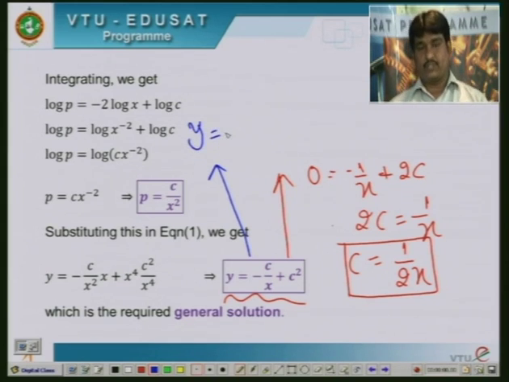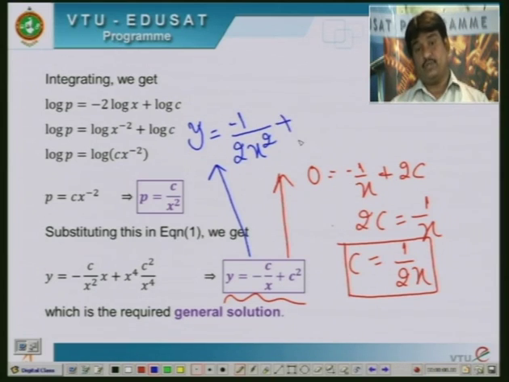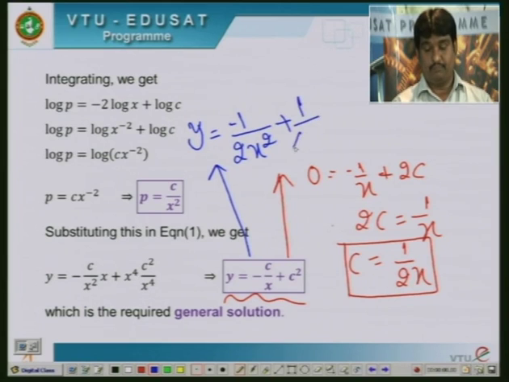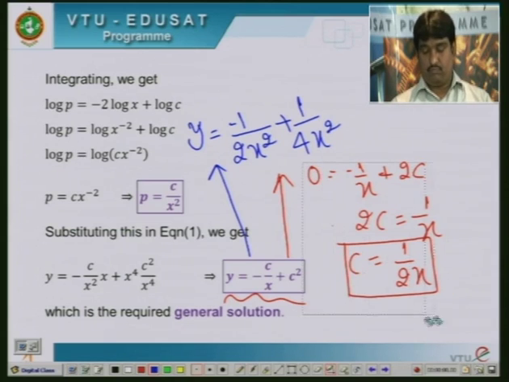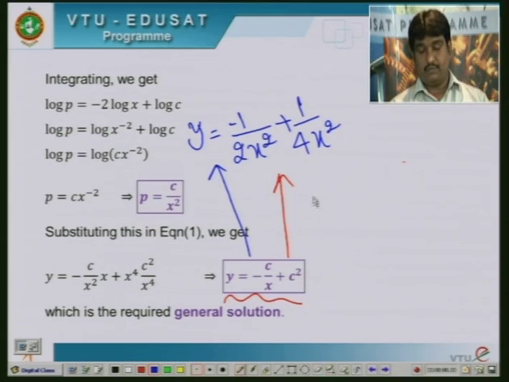minus c by x. C is 1 by 2x, so it is minus 1 divided by 2x into x, which is 2x square, plus c square. C square is 1 by 4x square. Now simplify this.